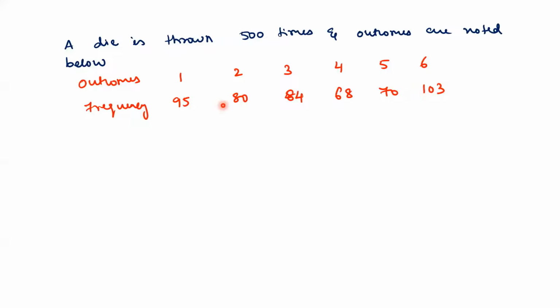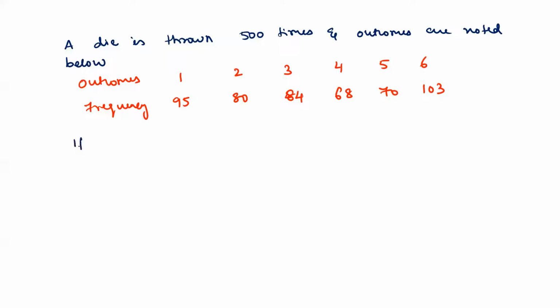If you add all these frequencies, it will be equal to 500 times. Is the experiment clear? These experiments are empirical probability. You have the number of trials being done.